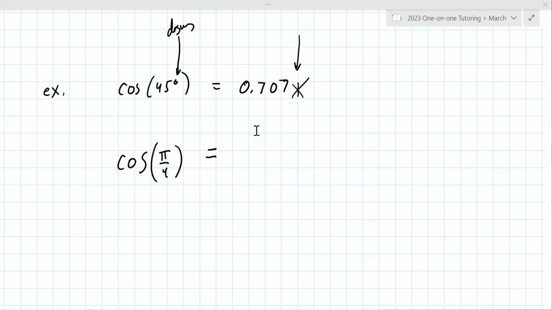Cosine pi divided by 4. Give me your answer to 3 decimal places. 0.707. Are those the same? Exact same.